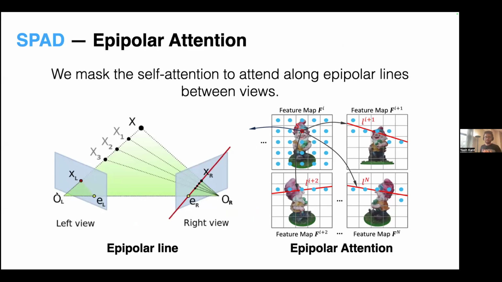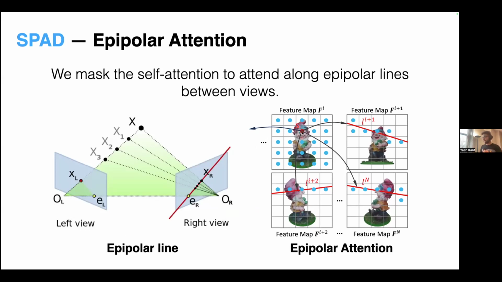From epipolar geometry, we know that each pixel in the source view, which is on the left here, subtends an epipolar line on the right view, which is just 2 cameras in the space. And we can use this trick to constrain where this pixel will lie in the other images.